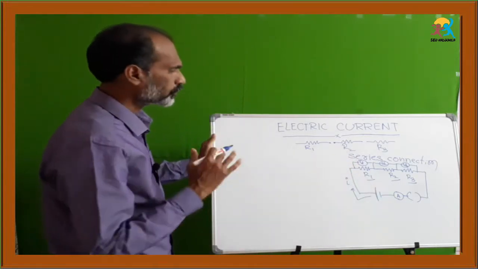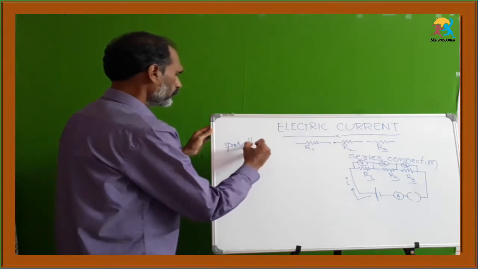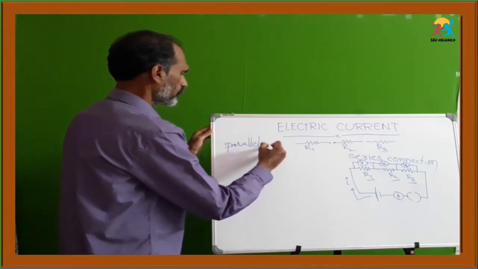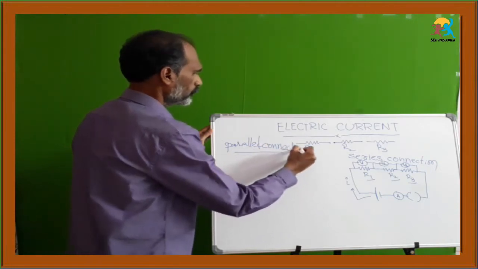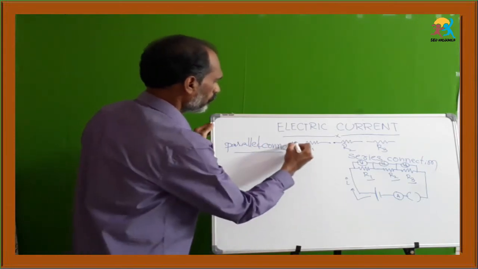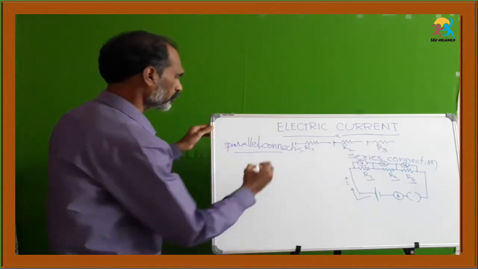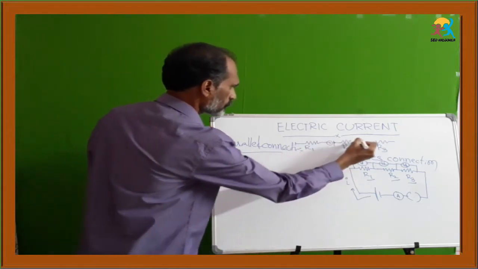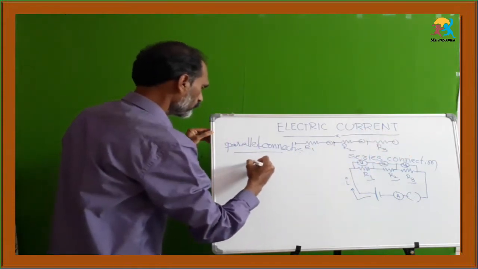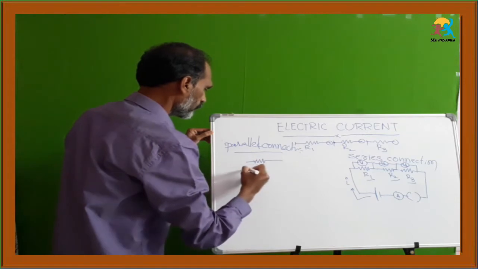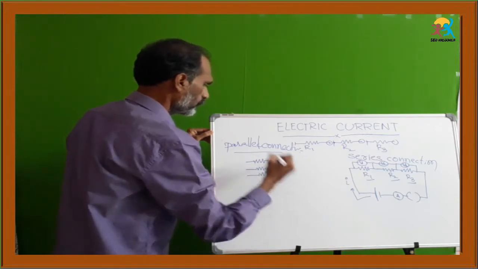Okay, now we'll talk about the parallel connection. In this, see, all the first ends of the resistors are connected to one terminal. All the second ends are connected to the second terminal. We can write this in this way: R1, R2 and R3.